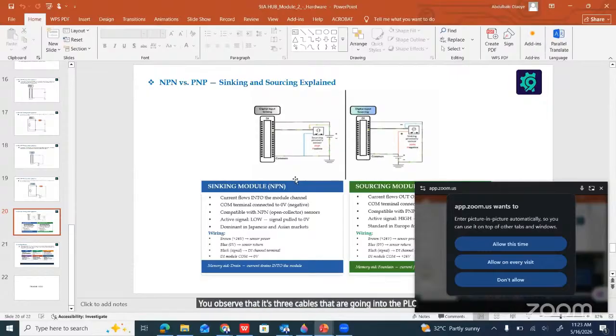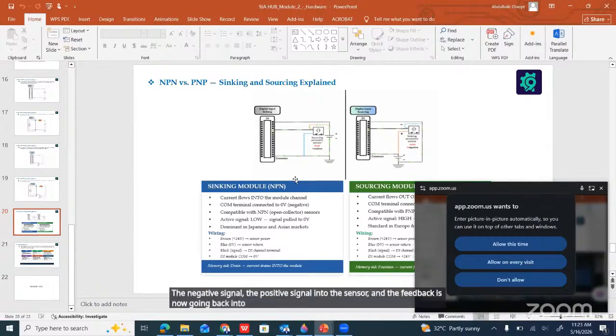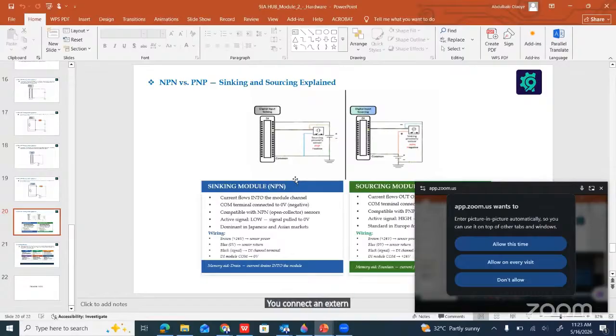You're getting the negative signal and the positive signal into the sensor, and the feedback is now going back into the PLC. So I want to understand whether there is any scenario whereby you connect an external 24 volts into the PLC. I just want to understand the scenario where you connect an external supply.